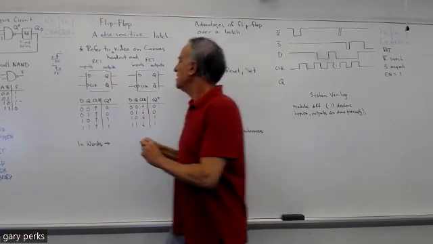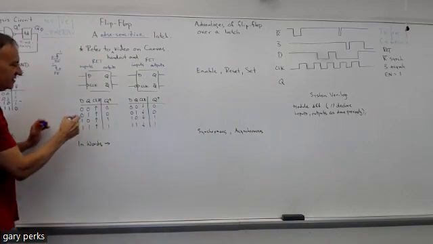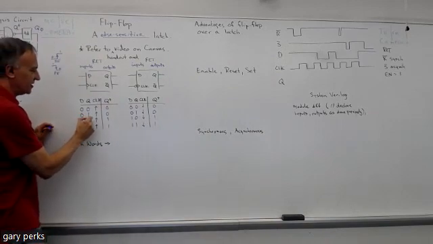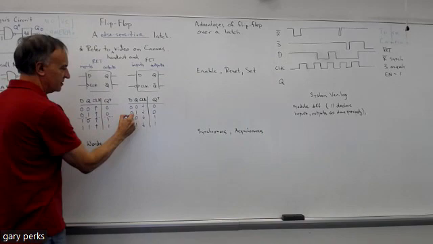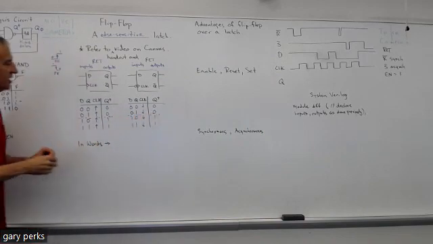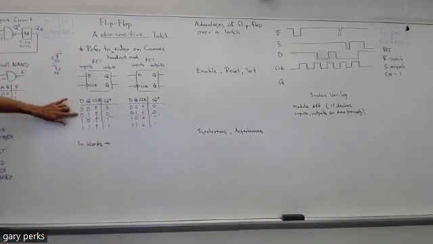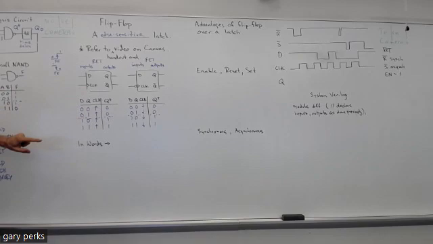Now, notice that if we split these truth tables in half, if D is 0, no matter what the present state of Q is, the next state of Q is going to be 0. And if D is 1, no matter what the current state of Q is, the next state is going to be 1. And that's the same in both truth tables.